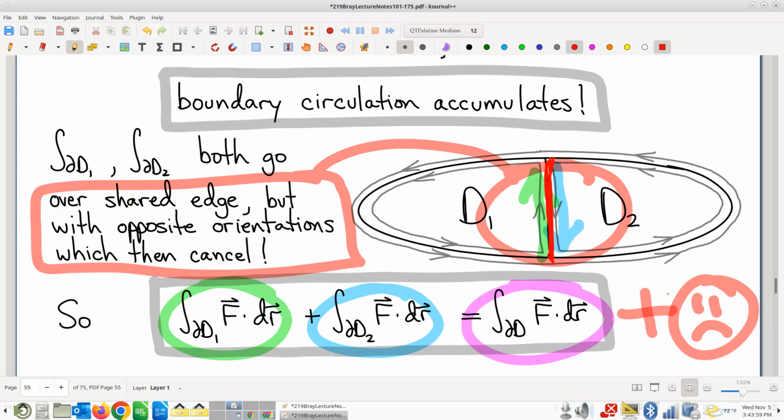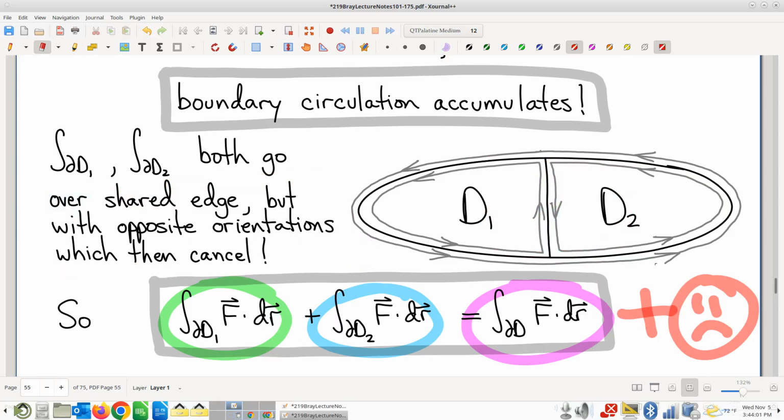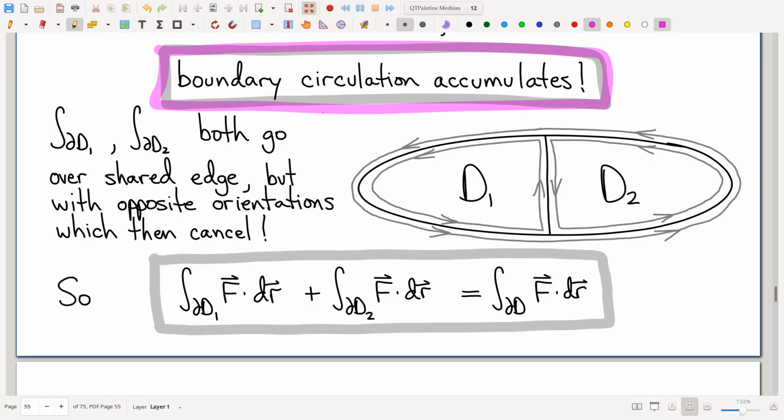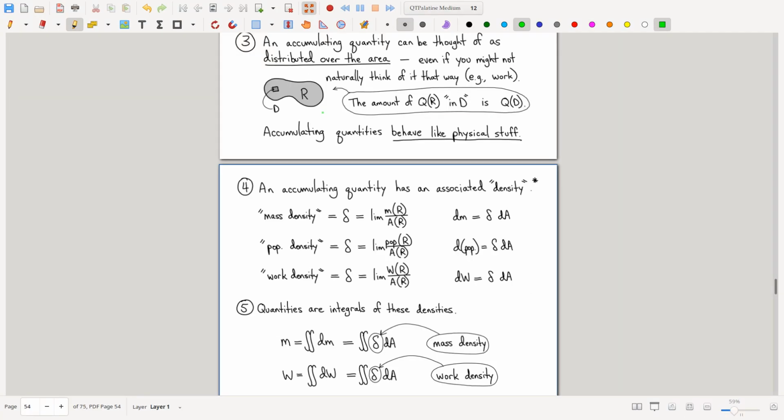All right, well, this is why it works. Very counterintuitive, but boundary circulation is an accumulating quantity. And at this point, we are in good shape. Let's see if I can get this to cooperate. Yeah, there we go. Remember, here's our strategy: once you identify an accumulating quantity, declare that it behaves like a substance, and talk about the associated density.